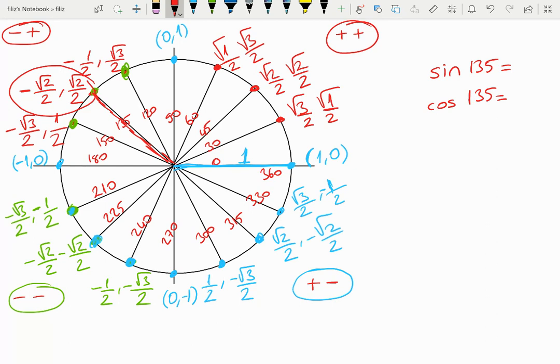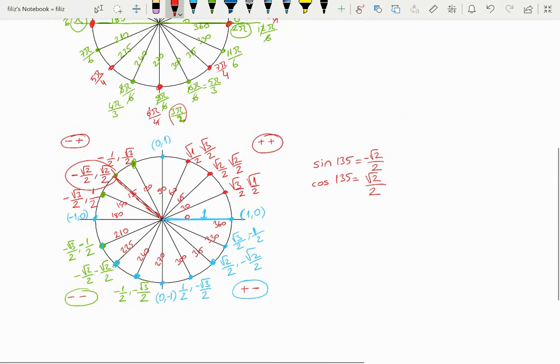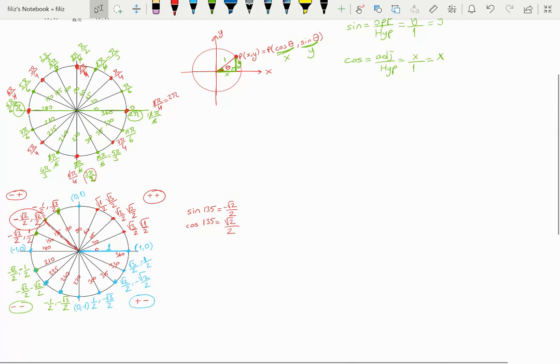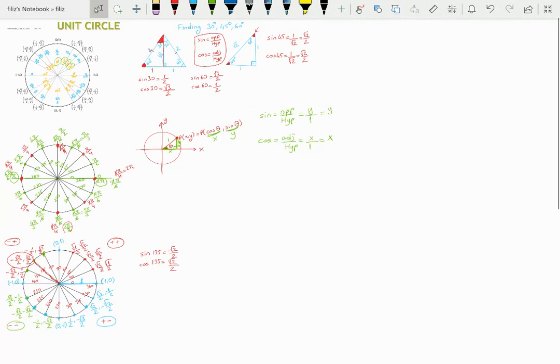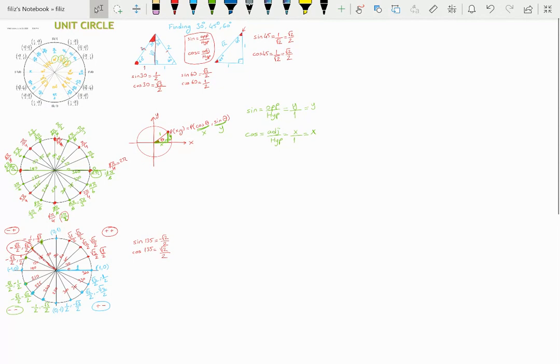So sine was the first one, which is negative square root of 2 over 2. And cosine, 2 over 2. Yeah, that's easy. Let me see if we forget something. Yeah, I think that's it.